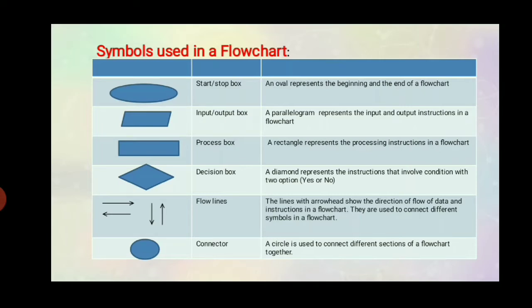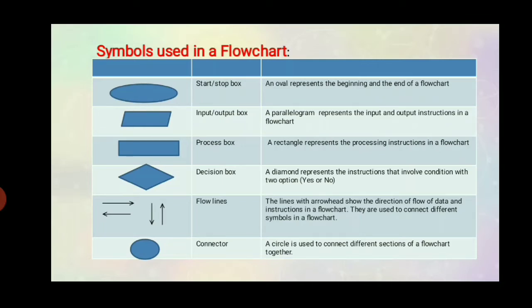And in programming, suppose whether you are going to vote or not, like you are eligible to vote or not, this type of examples we implement in programming. That is a decision box which involves some condition with two options, yes or no.